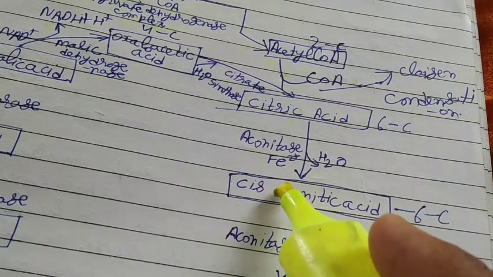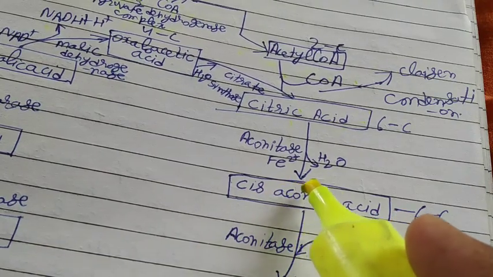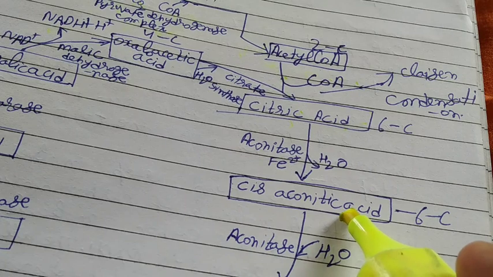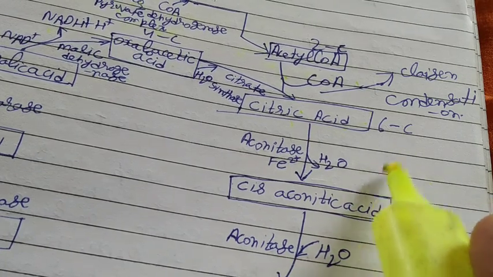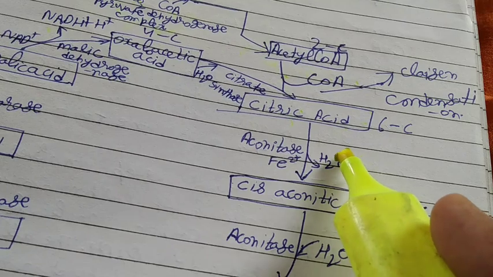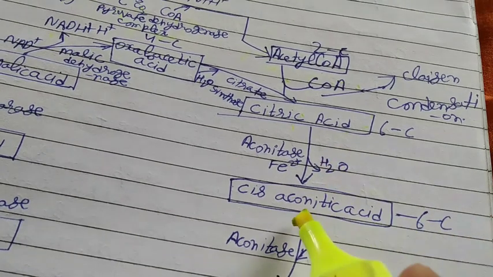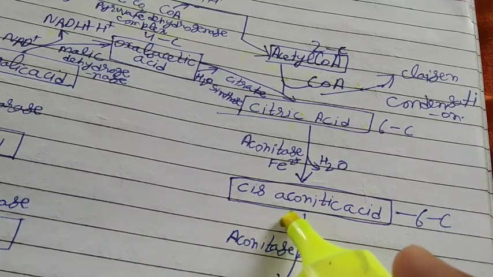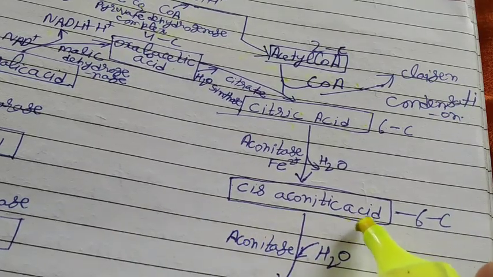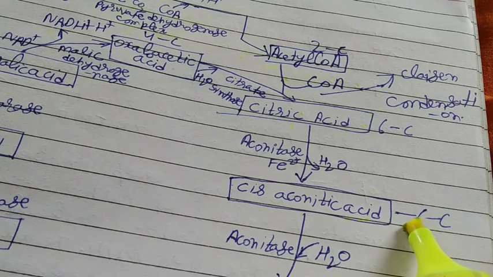Aconitase, iron, and H2O are released out in the next step, 6 carbon. Now we move to the next step. The next step is cis-aconitic acid, 6 carbon also.